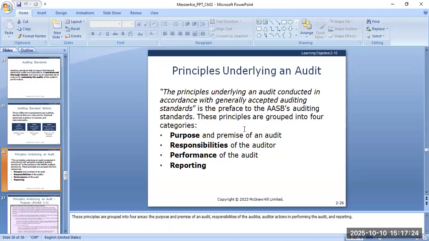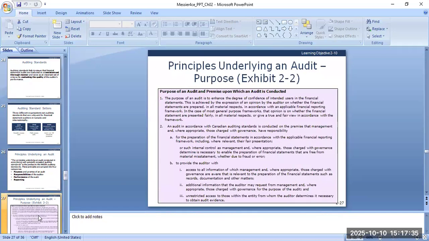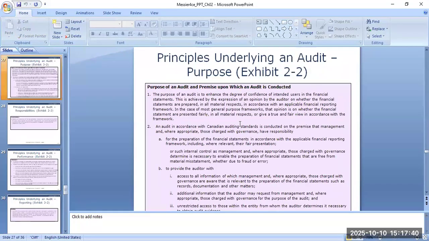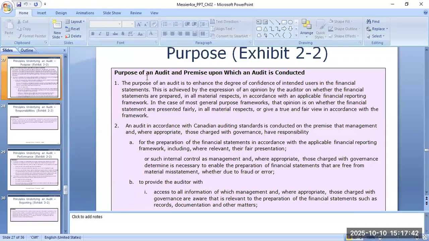The principles which underlie the audit are the purpose, responsibility, performance, and reporting. Now we're going to go to the principles, and this is directly from the standard. The purpose of an audit and premises upon which the audit is conducted: the purpose of the audit is to enhance the degree of confidence of the intended users of the financial statements.